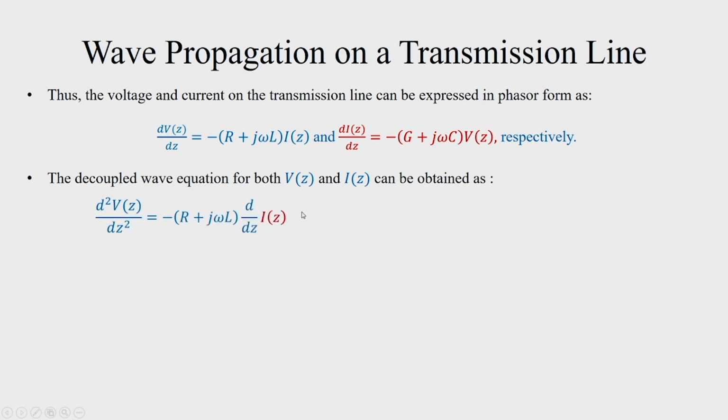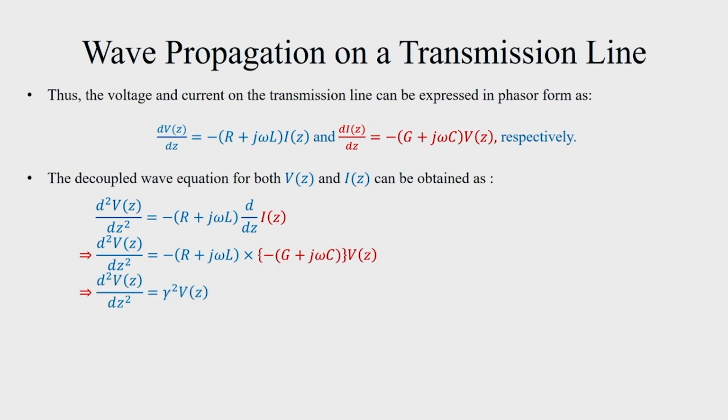So, if you take the derivative on both sides of this equation and substitute dI/dz from here, then we can write d squared V(z)/dz squared is gamma squared V(z). So, in this equation we find that only the voltage phasor V is involved.